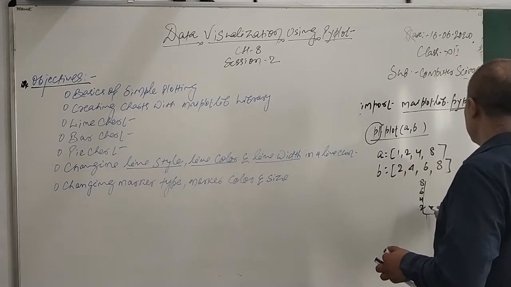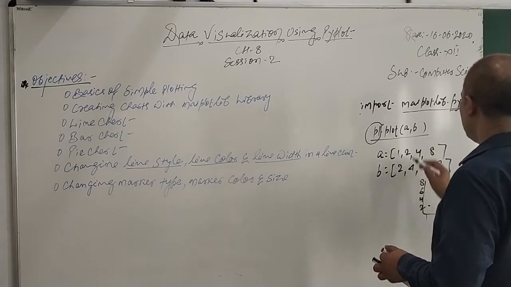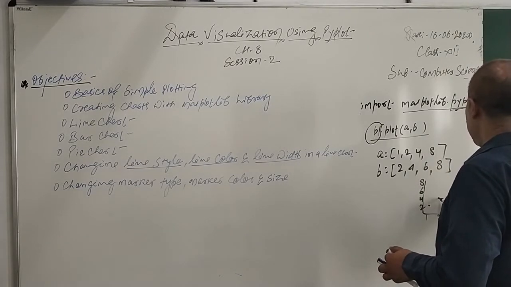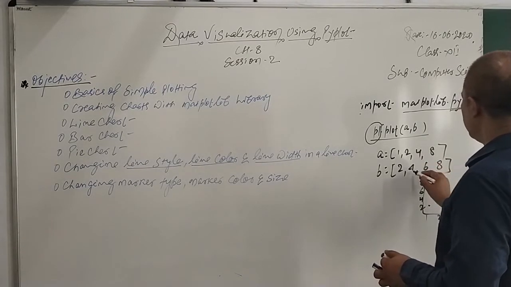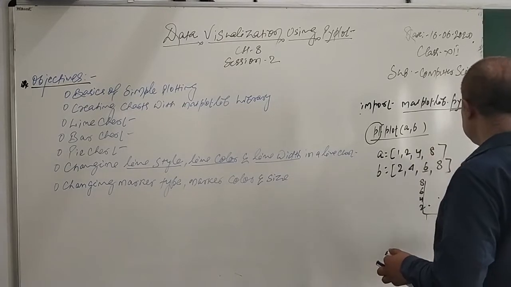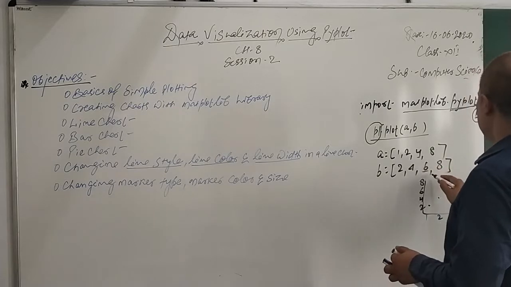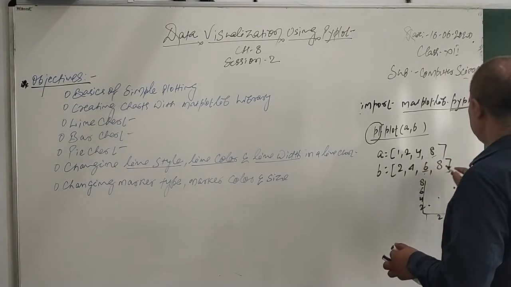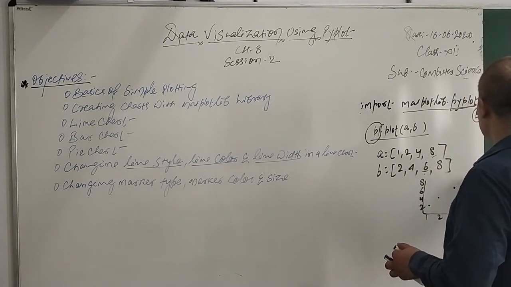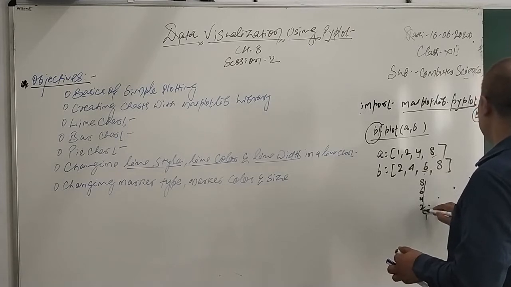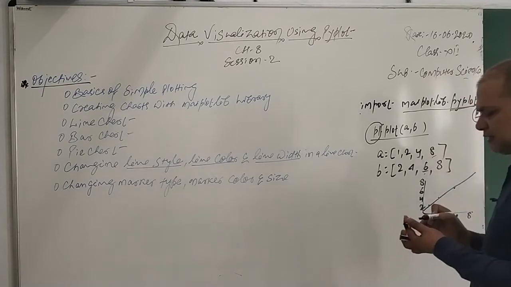The first point is 1 and 2, then another point at 2 and 4, then the third point at 4 and 6, then 8 and 8, and a line will be drawn like this.